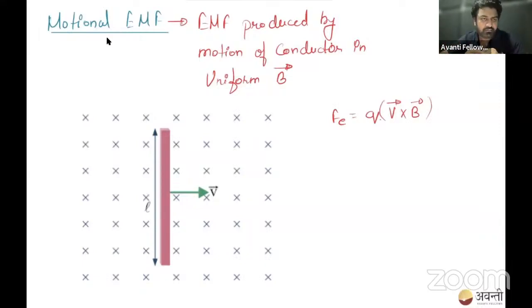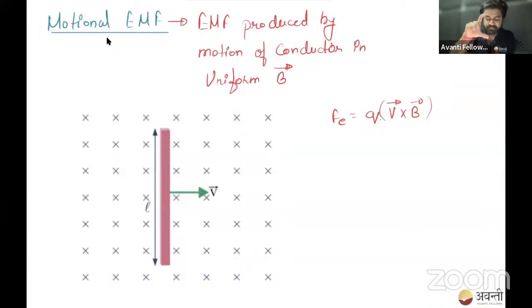Whenever we increase the area, more lines will cross and flux will increase. If we change the magnetic field intensity, the flux will change, because flux is equal to BA cos theta. So if we change the orientation also, the flux will change.